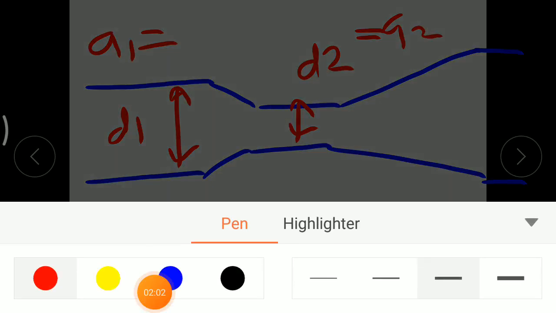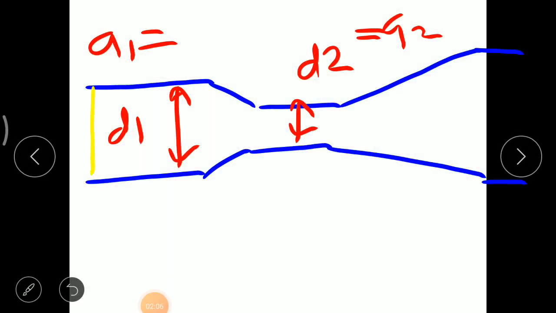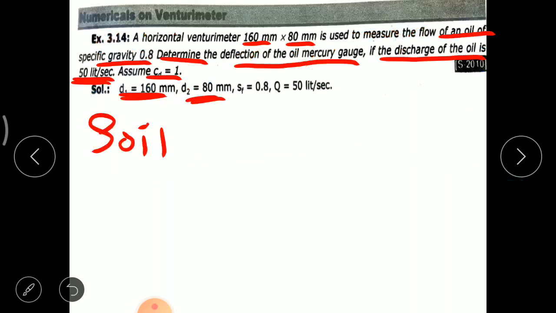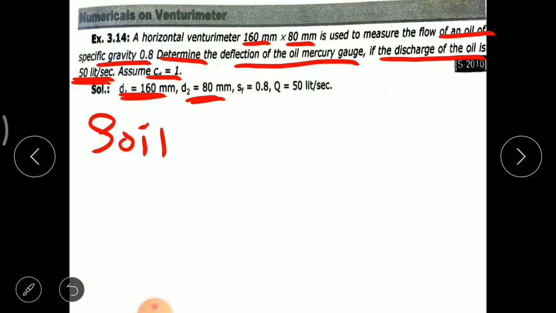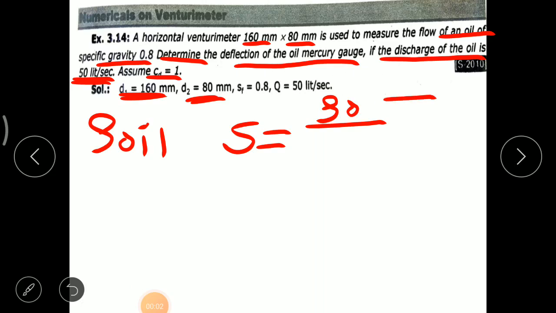Now the flow of oil is from this side; this is the inlet of the oil flow and this is the outlet, and this oil has specific gravity 0.8. We know the formula for specific gravity: S is equal to rho of oil, or the liquid whose density we have to determine, divided by rho of water.